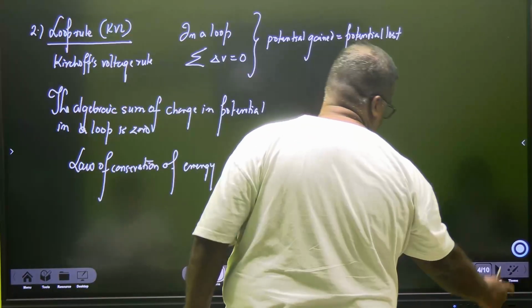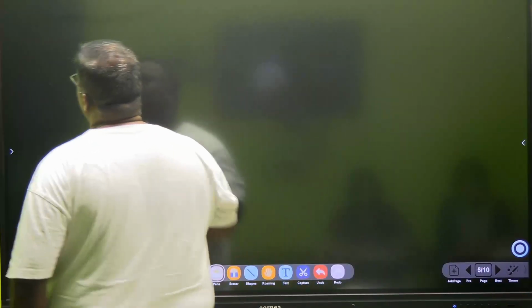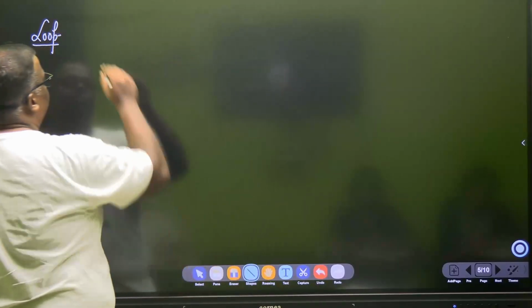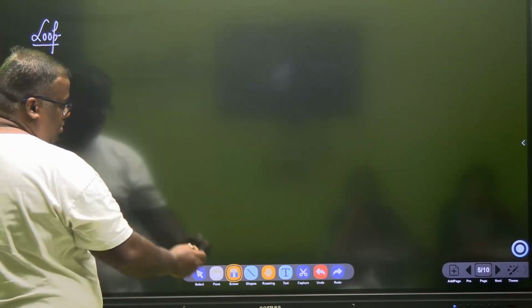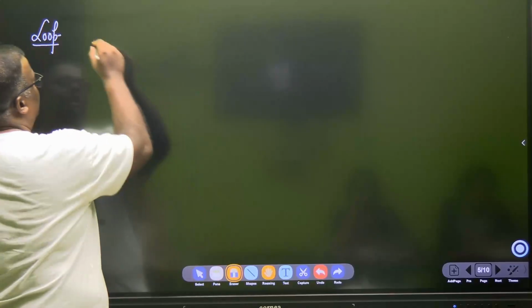Okay, so let's create one loop. Let me take freehand.